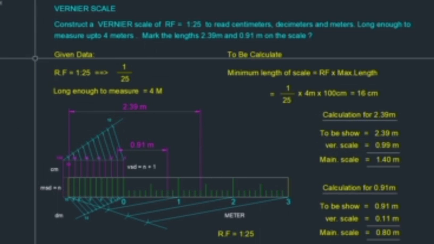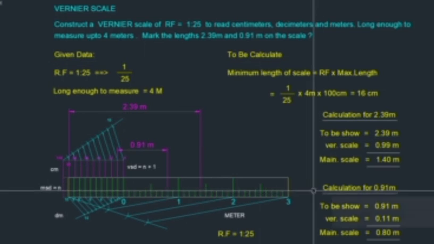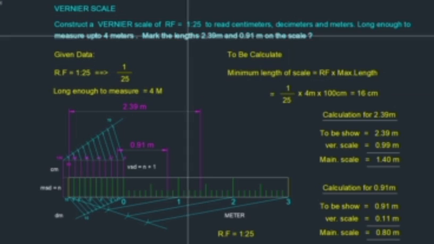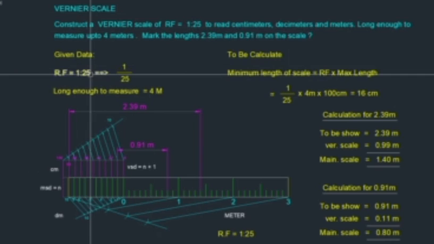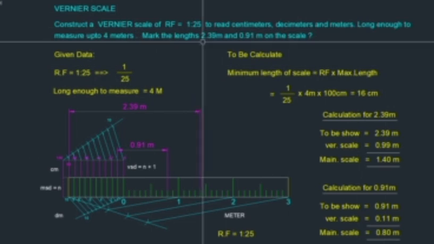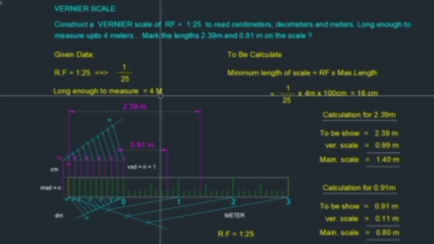Here you have to take the given data. This is your drawing sheet, and the given data is RF equal to 1 is to 25, that is nothing but 1 by 25, and long enough to measure, the maximum length to measure, is 4 meter.